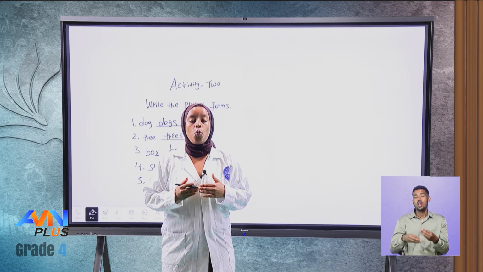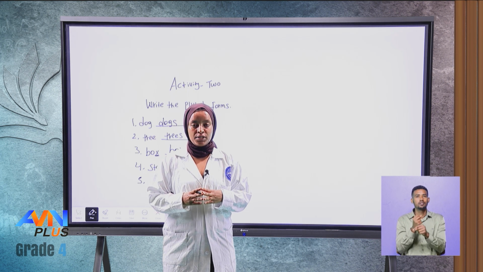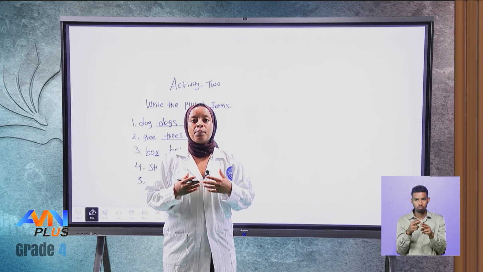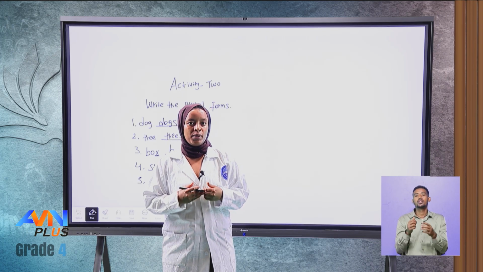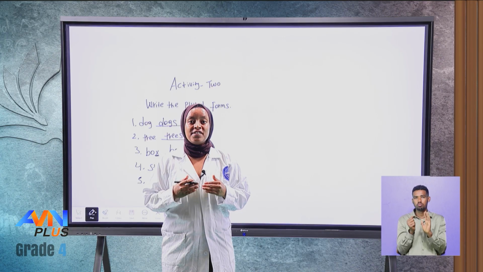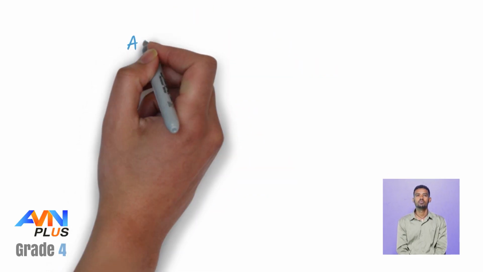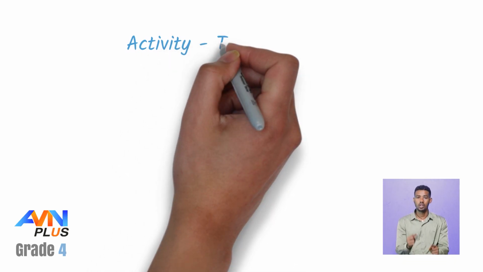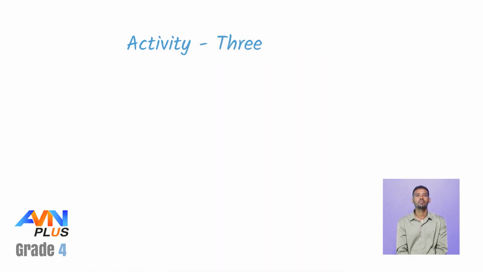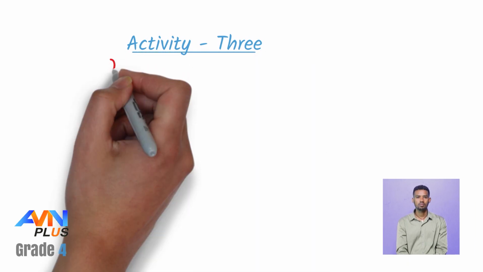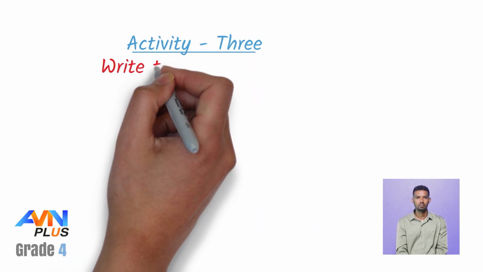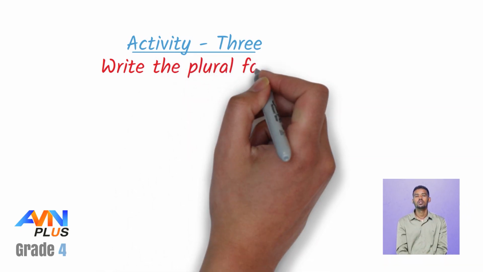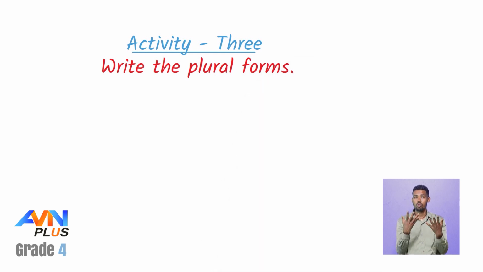Here is activity 2. Let me give you one more activity, the last activity, with irregular nouns, and we can practice more examples with me. So don't forget to write down the activities. Activity 3. Write the plural form.